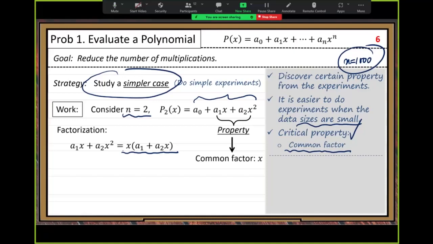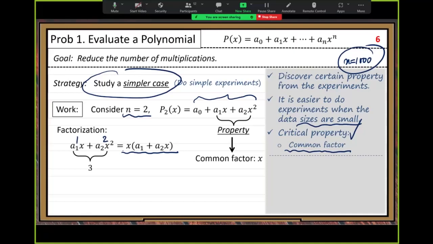That's important because it would impact the number of multiplications. Before we change the structure, there are 3 multiplications: the first term 1, the second term 2, 1 plus 2 is 3.